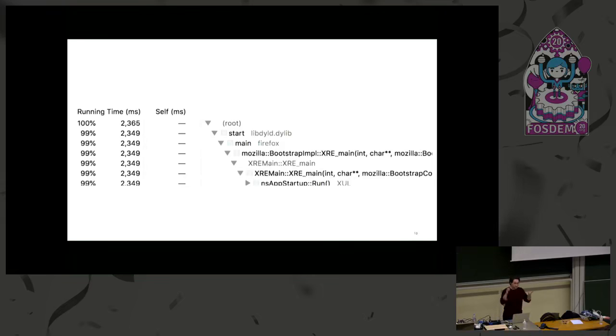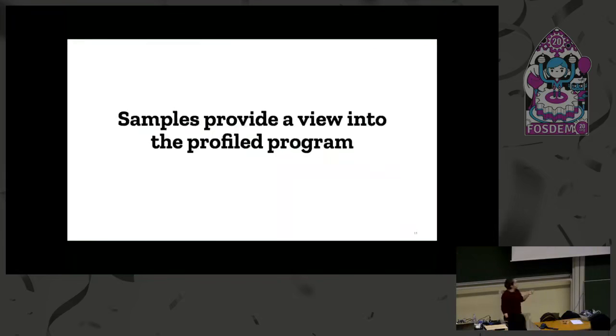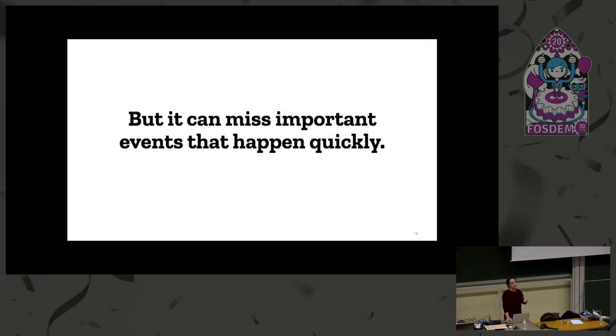We sample every millisecond and aggregate that data, and we also create those timings from that aggregated data. I'm going to talk about the timing later. So as we learned, the samples provide a view into the profiled program. But as you can see on the first C call, we can miss some stuff that happens quickly.